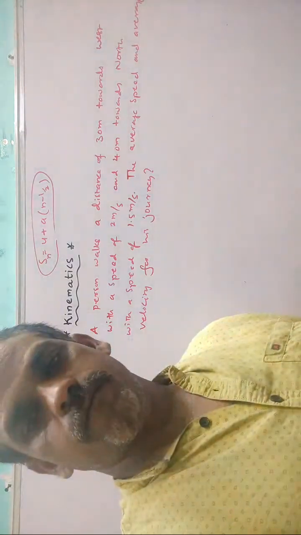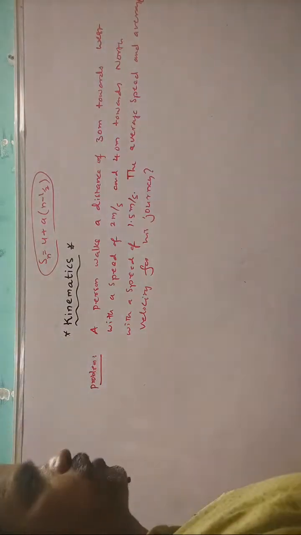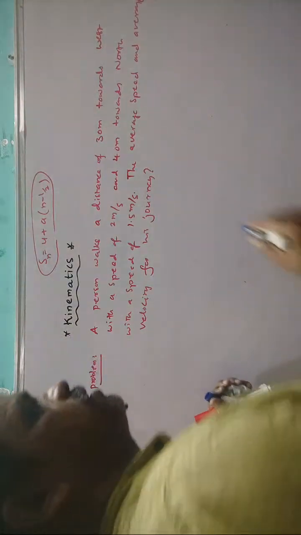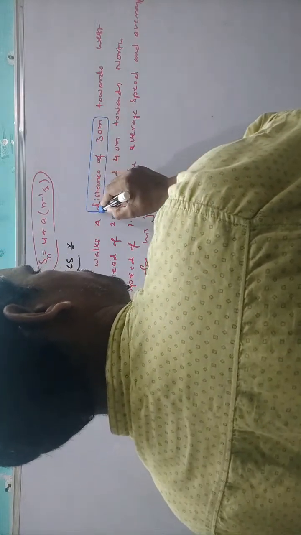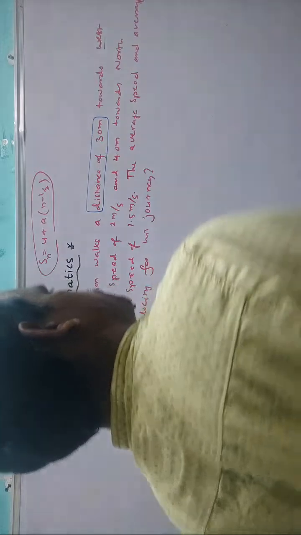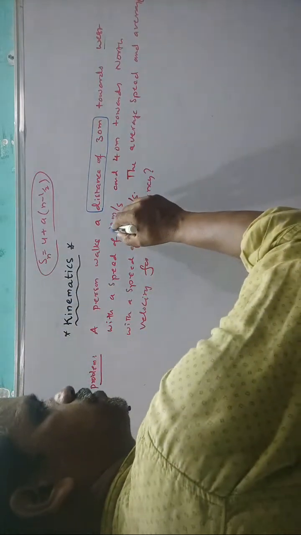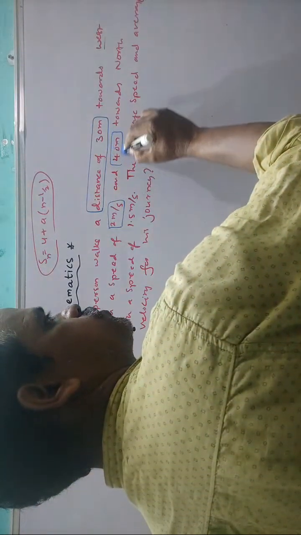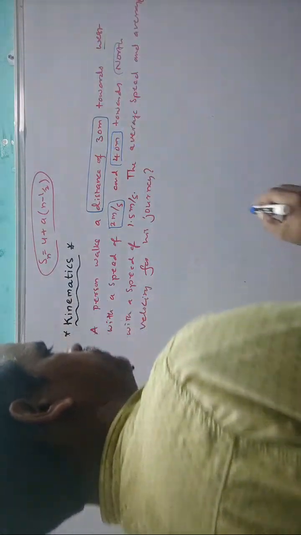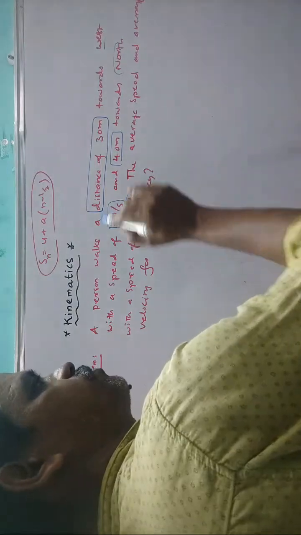Okay. See, the question is a good question. A person walks a distance of 30 meter towards west with a speed of 2 meter per second, and 40 meter distance towards north with speed 1.5 meter per second.